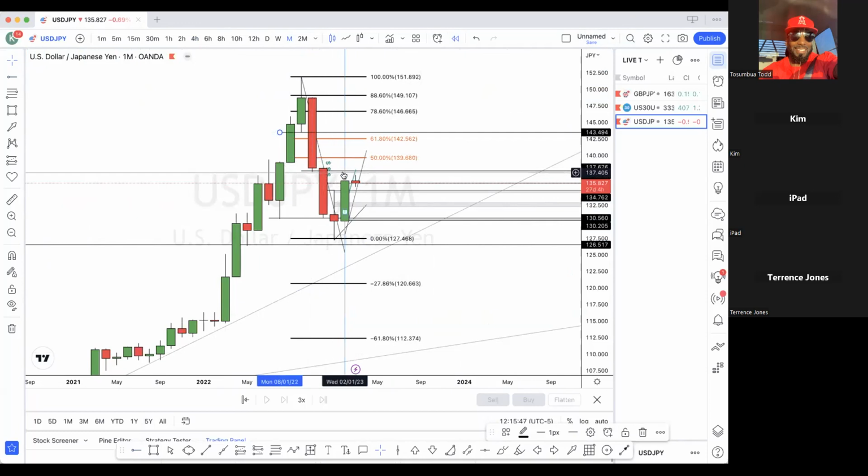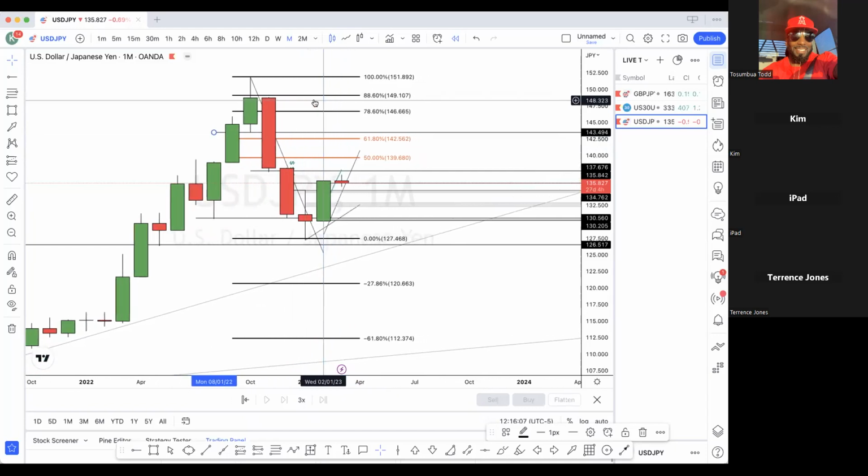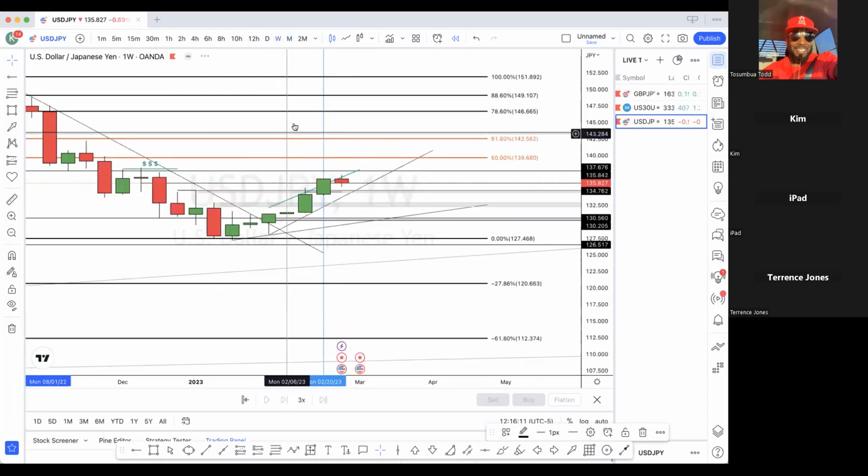Those red candles came all the way down, and now it's coming back. So it needs to pull back, by my calculations, to the 143.53. So that's where I have price going, at least to that spot.